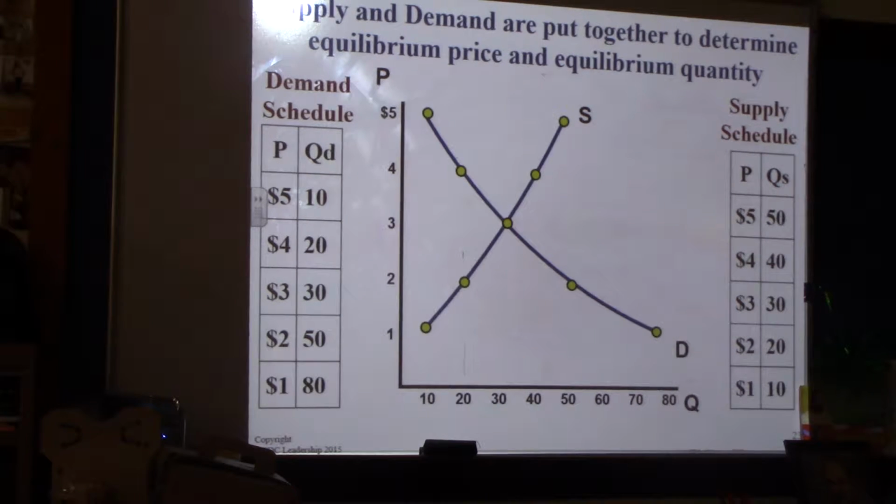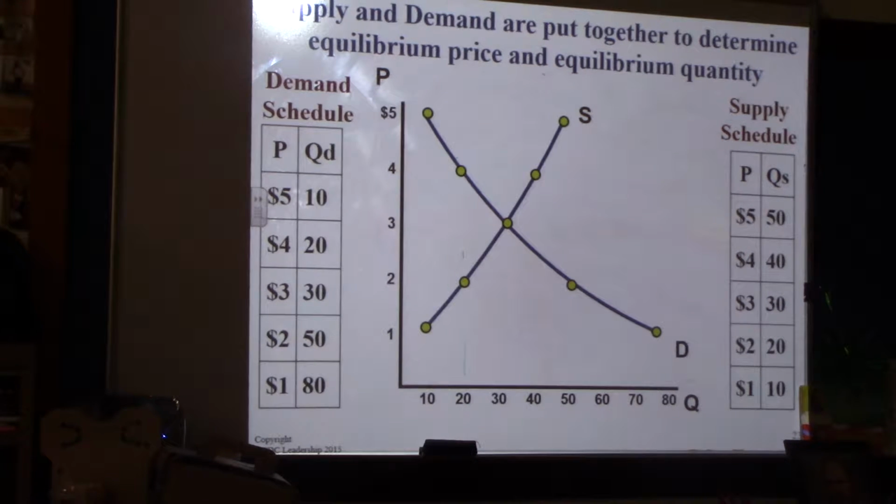Just looking at this graph, what's interesting about it? What's the first thing that pops up? That they're crossing each other? Yes, they intersect each other, at $3 and a quantity of 30. That intersection point is called our equilibrium point. It's where there's a balance between supply and demand. We can see the balance in the supply schedule and the demand schedule.